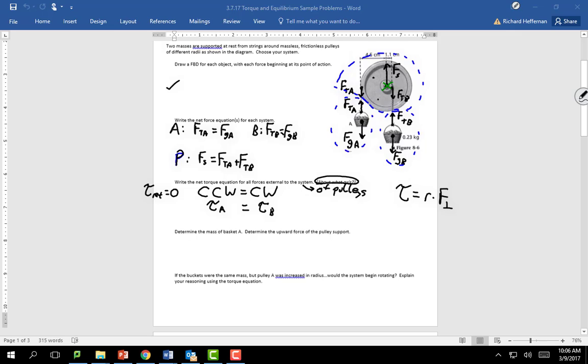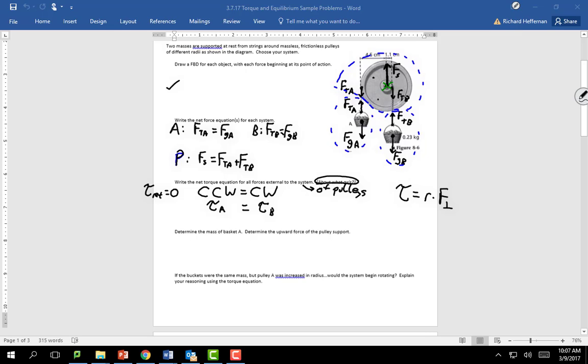So there's no torque being applied by that, just like me picking this bike wheel up isn't going to make the bike wheel start spinning. Since the force is being applied at the axis of rotation, there's no torque being applied by Fs. So I think that's all of our torques.